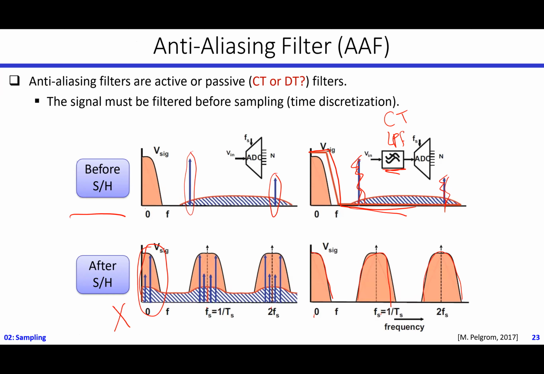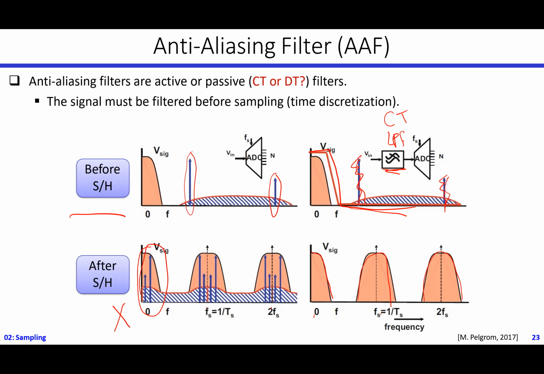Why should you apply it after sampling? To get a single alias of the whole signal. Yeah, because now when you sample, we get different aliases of the single sampled signal, so we want to get a single alias from all of that.